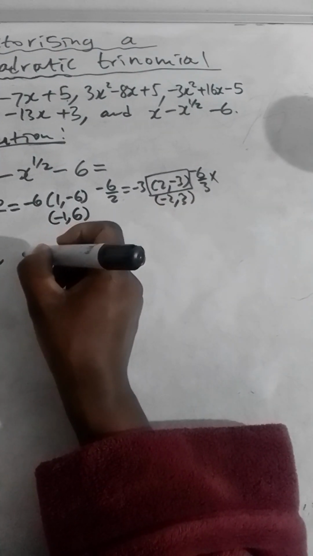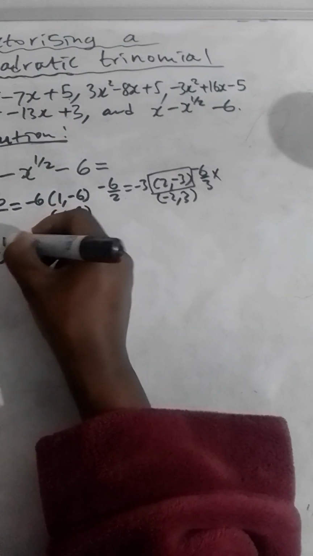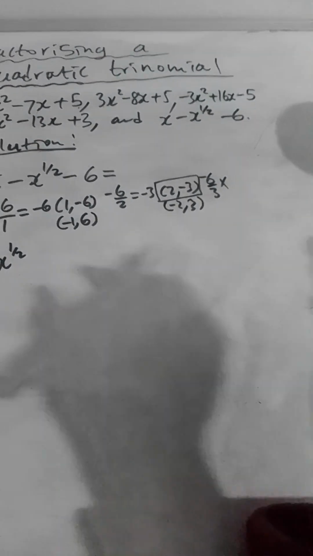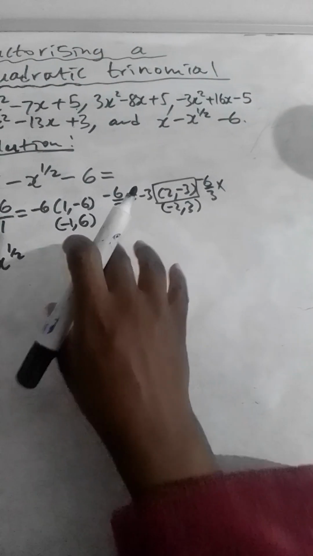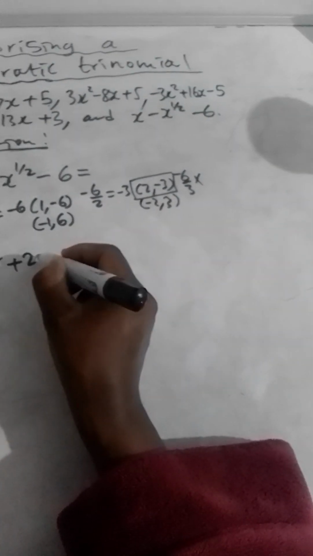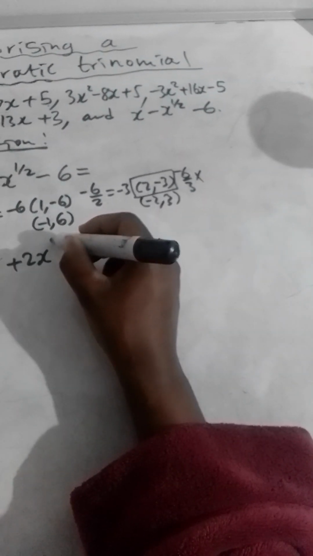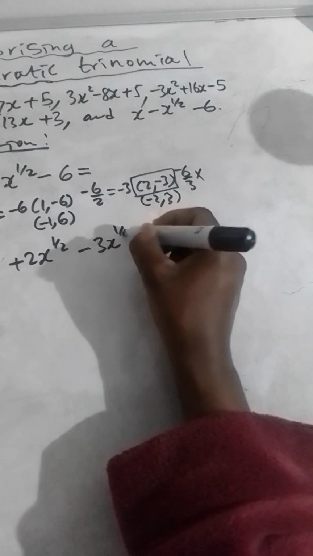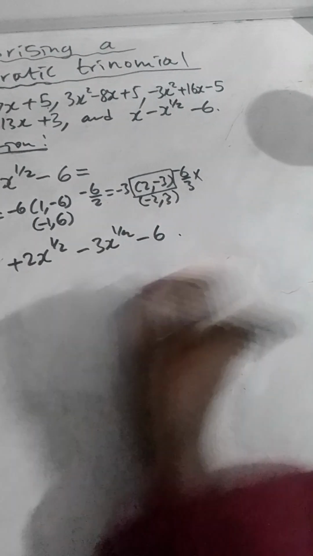We go on and do what? Half. We open brackets. Well, there are 2 ways to do it. I'm going to do it with the grade 10 method, then I'm going to go back to the grade 9 method. In grade 10, we'd split the middle term in terms of the 2 factors. So we're going to have x, and then 2x to the exponent 1/2 minus 3x to the exponent 1/2 minus 6.